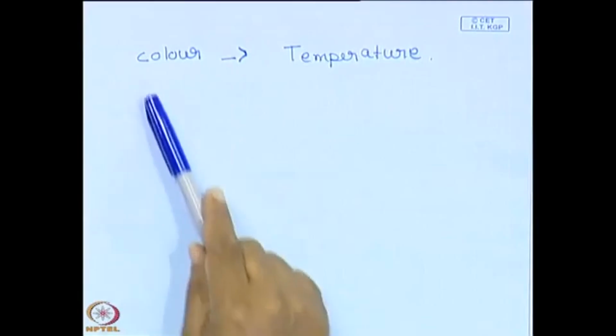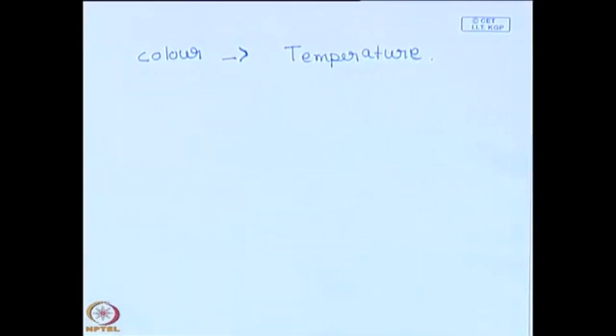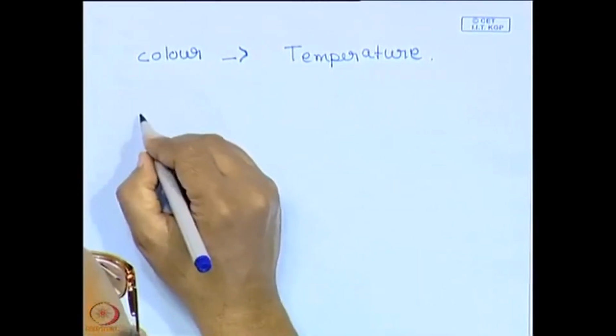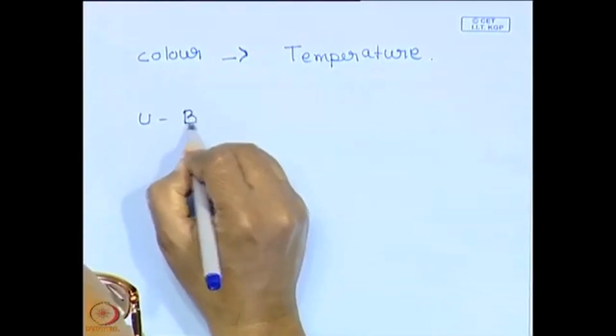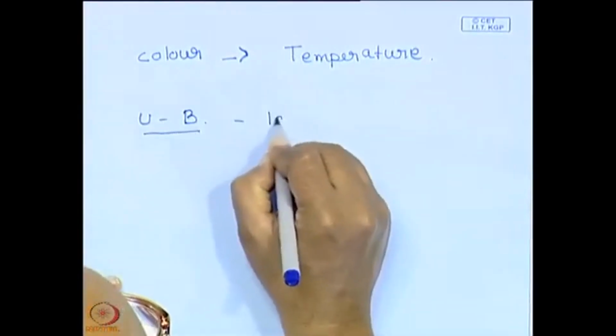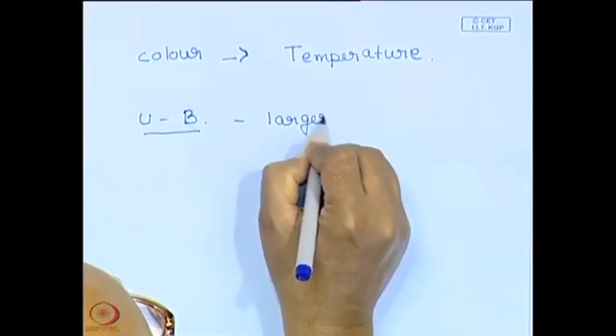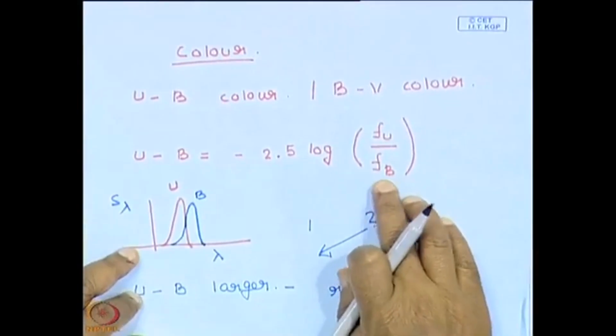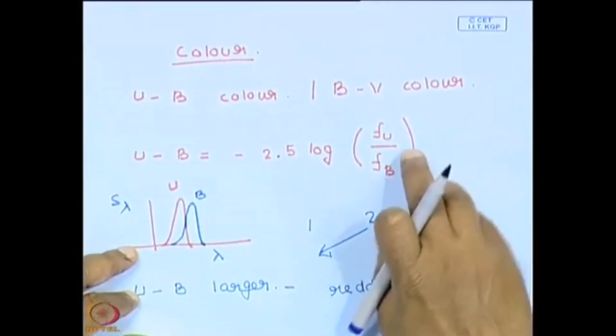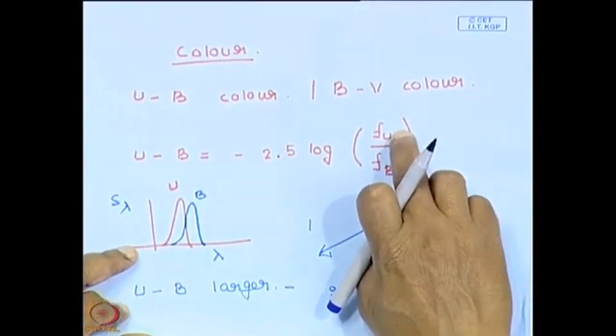And the larger the color, say let us look at the U minus B color, if it is larger, it tells us that the flux in the blue band is more than the flux in the ultraviolet.